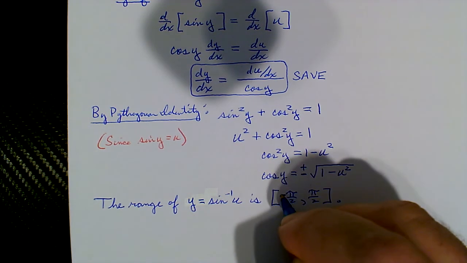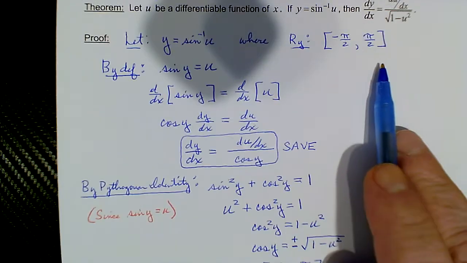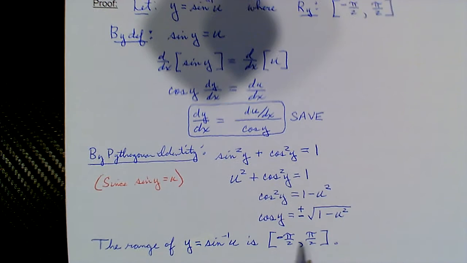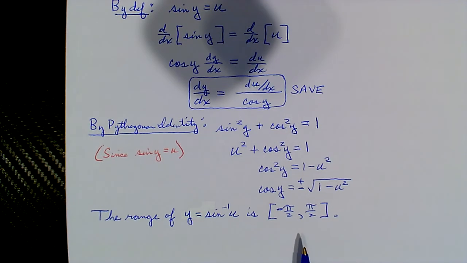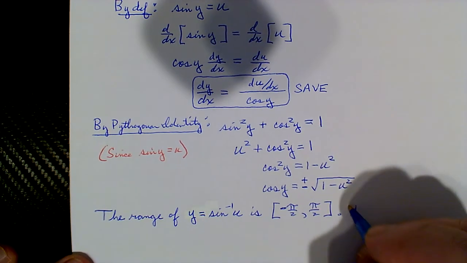Okay, so we basically restated what we wrote up here, right? When we let y equal the inverse sine of u, we had stated the range, so we repeated that. So the range of the inverse of y equaling the inverse sine of u is negative pi over 2 to pi over 2.